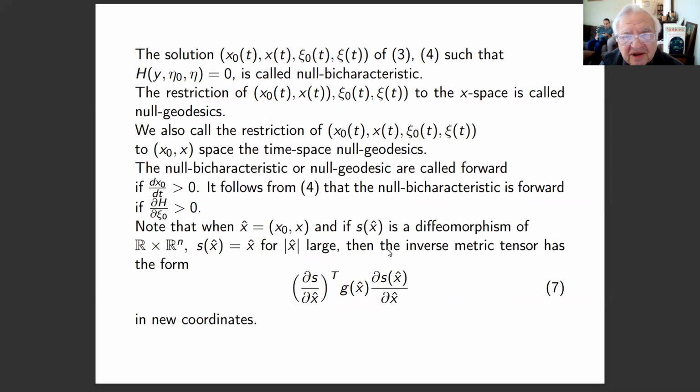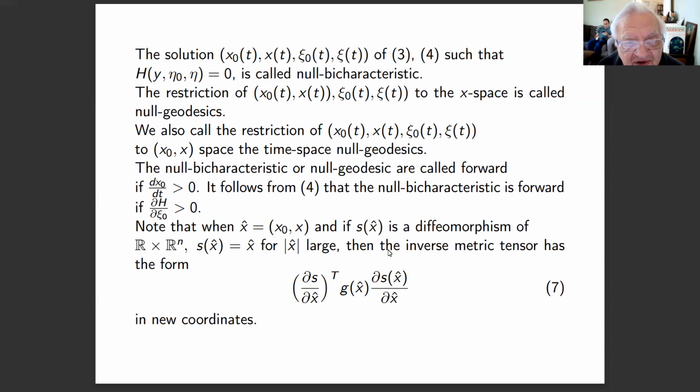The solution of this Hamiltonian system such that H of y, eta 0, eta equals 0 is called null bicharacteristics. The restriction of this x0, x, xi0, xi of t to the x space is called null-geodesics.